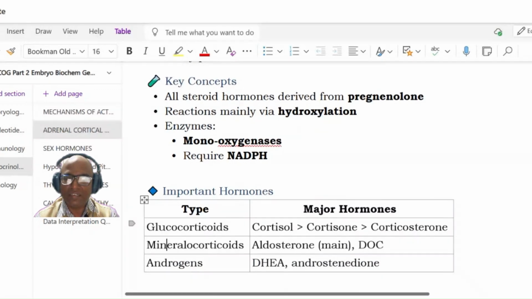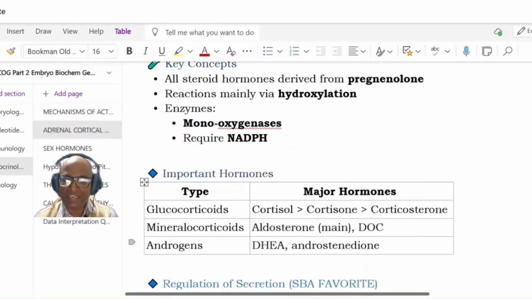Now, the main glucocorticoid hormone is cortisol, and to some extent there will be corticosterone. So these will be minor ones. The main is cortisol. In the mineralocorticoids, you have mainly aldosterone. Then another will be deoxycorticosterone, in lesser amount. Then you have androgens, and the main androgen is DHEA, and second is androstenedione.